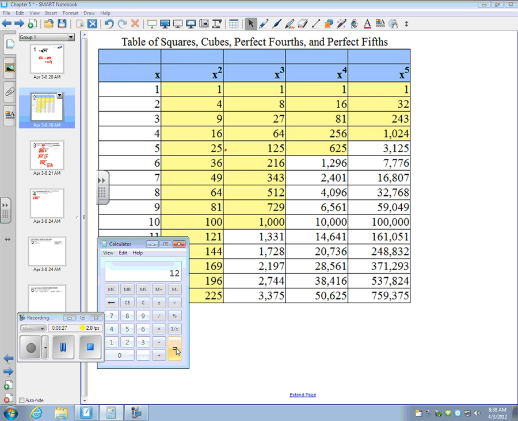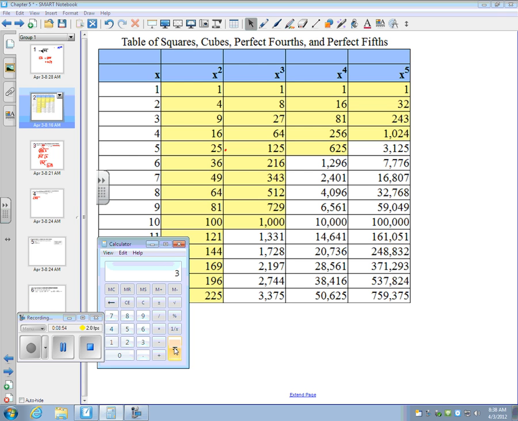Very nice. Well, I know 192 is not going to be divisible by 25. Let's try 36. Nope. 49? Nope. And 64? Ooh, 64. Since I'm only left with 3, I know nothing bigger should be able to go in.